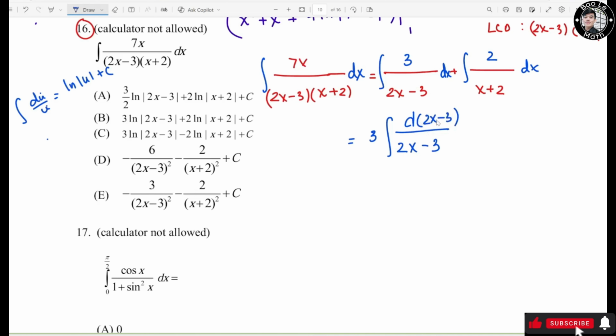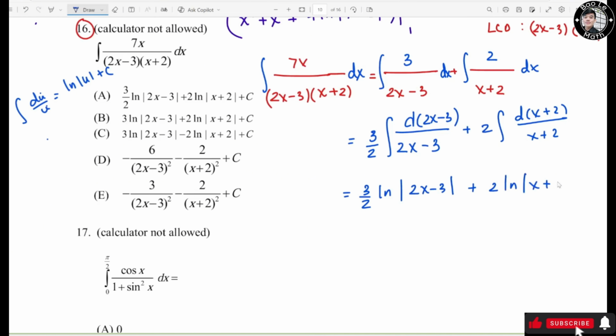If I take the derivative of this, I get 2, so I need to divide by 2 here. Plus, I do the same thing for the other term. So it's going to be 3 over 2 ln of the absolute value of 2s minus 3 plus 2 ln of the absolute value of s plus 2, plus c. So the answer must be A.